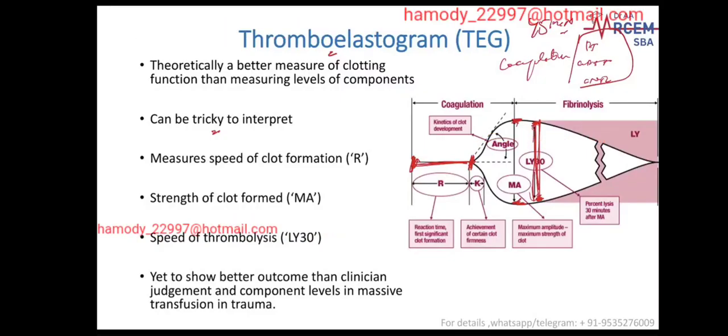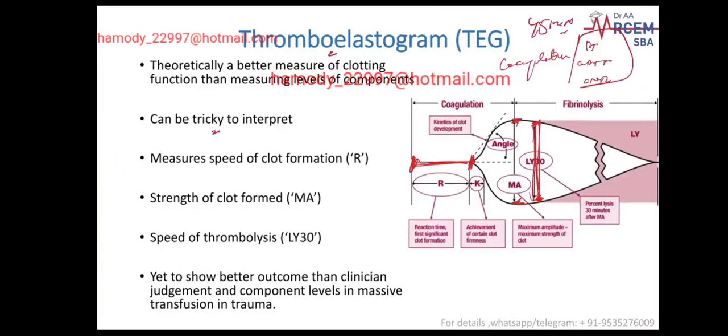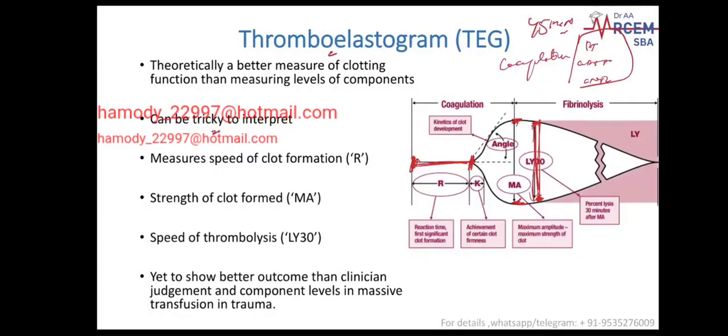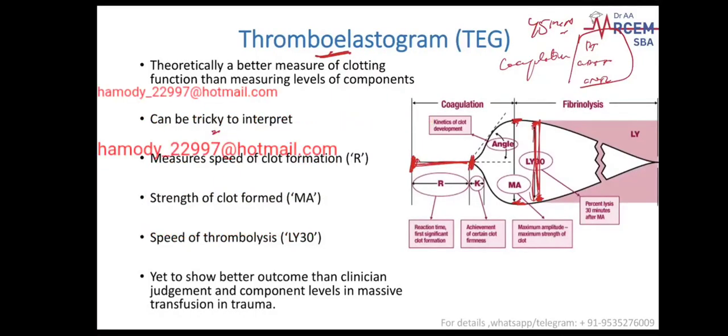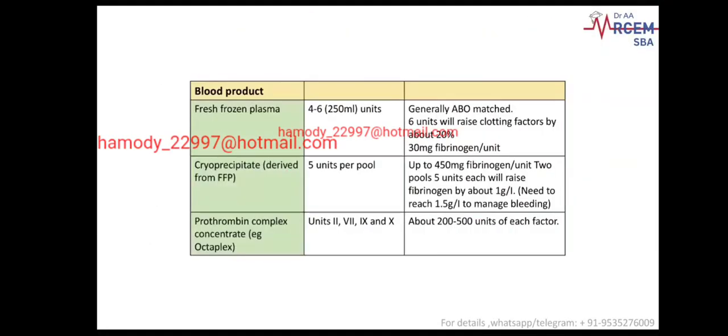It depends on the results and the feedback given by these trauma centers where they have been using thromboelastogram. So they can ask you about thromboelastogram in the exam. Be aware of it. So this is basically the measure of speed of clot formation, this is the strength of the clot formed, and this is the speed of thrombolysis. These three parameters you need to be aware of.